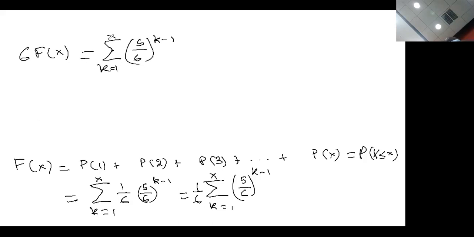Do you see what I've done? I've multiplied both sides by 6. Now look at what this is. This is equal to, when k equals 1, what is the first term when k equals 1? Please everybody think. When k equals 1.